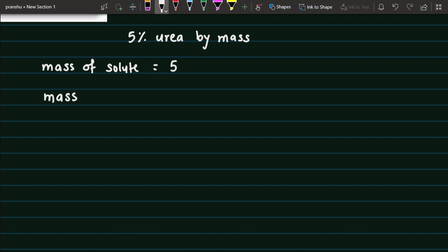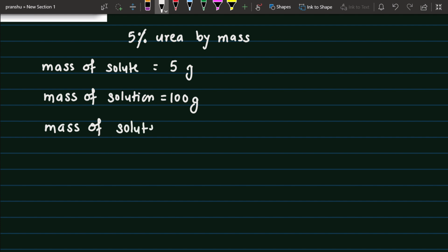What will be the mass of solution? Because it is the percentage, it will be 100 gram. And what will be the mass of solvent? As we know, solution is equal to solute plus solvent, so it is 95 gram.